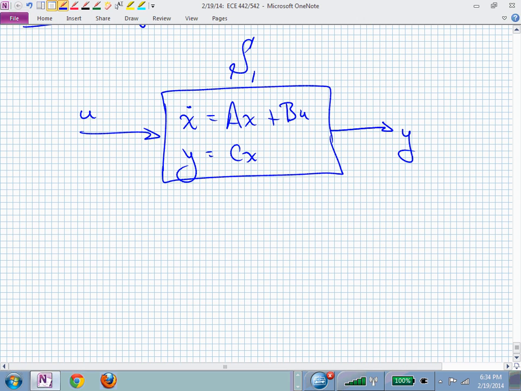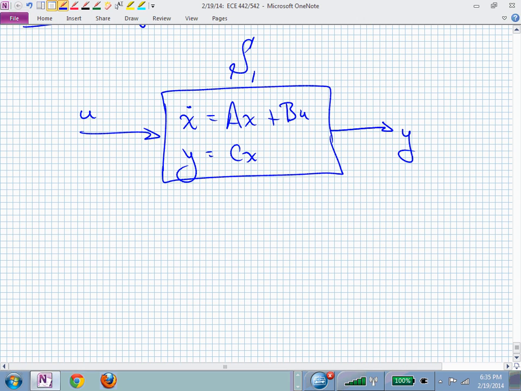If it's 12th order, what are the dimensions on A, capital A? What's A look like in terms of its shape? It's a square, isn't it? And what are the dimensions of that square? It's 12 by 12 if it's a 12th order system.